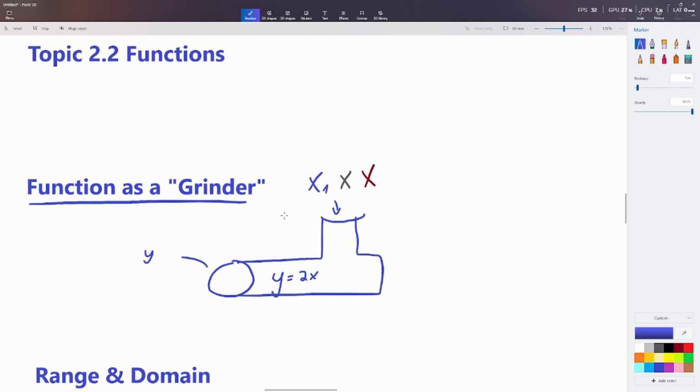So if here is x1, then comes out y1, and comes out y2, and this was y3. So this is actually quite simple. You have to understand this, and we can also use a real life example as well.